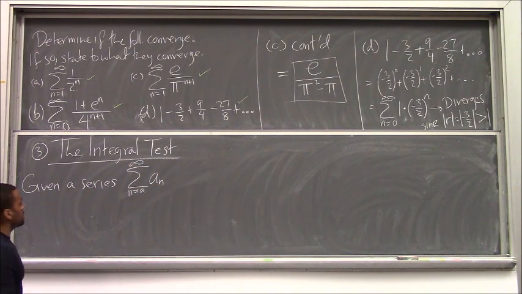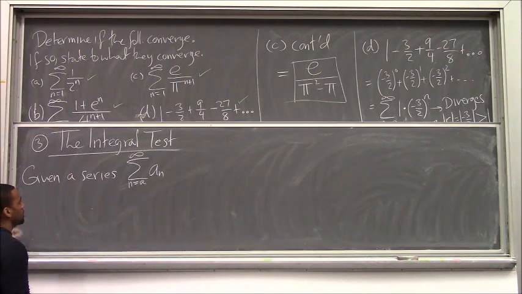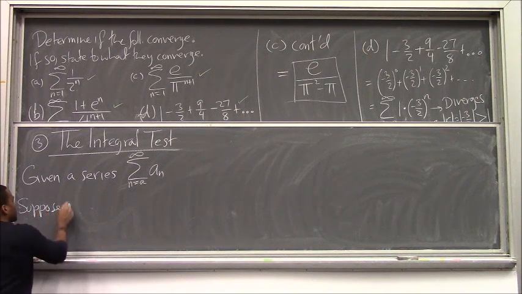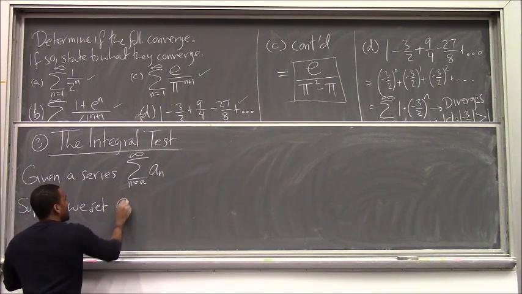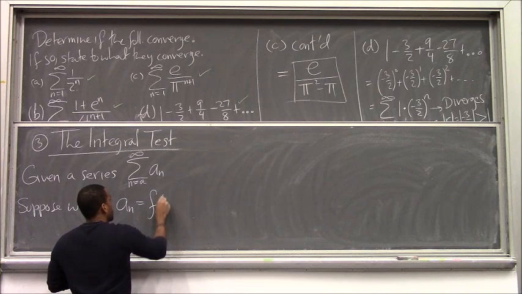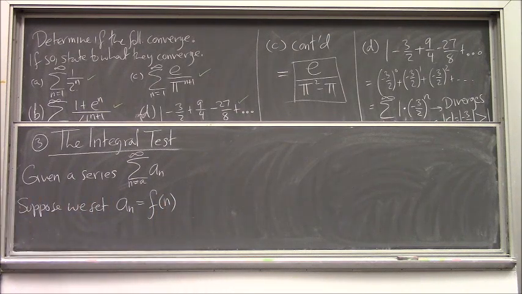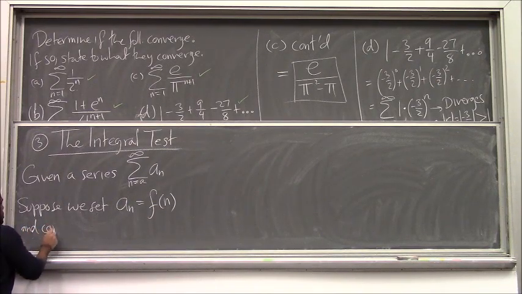Given that series, suppose we set a_n equal to some function, right? So there's a formula for the a_n, obviously, and I'm thinking of it as a function. And consider this a real valued function.